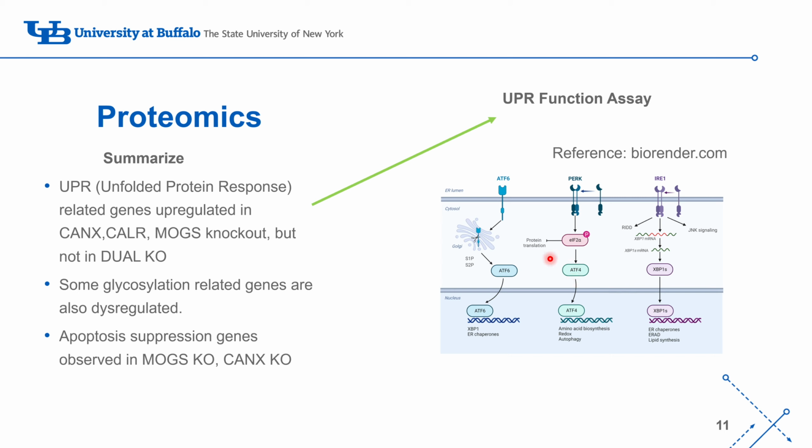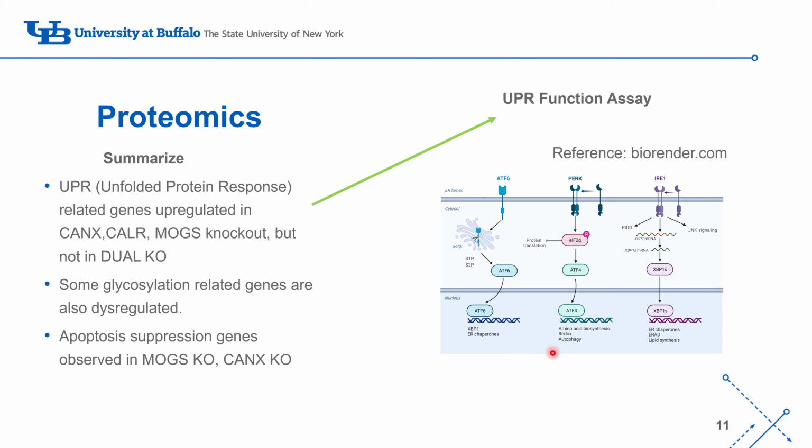So in this case, phosphorylation of EIF2 alpha occurs, and this will trigger ATF4 translation, and then this ATF4 will move into the nucleus to trigger the proteins that are involved in autophagy or redox, or we can say amino acid biosynthesis.